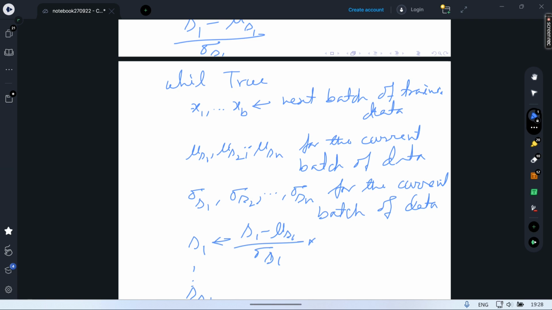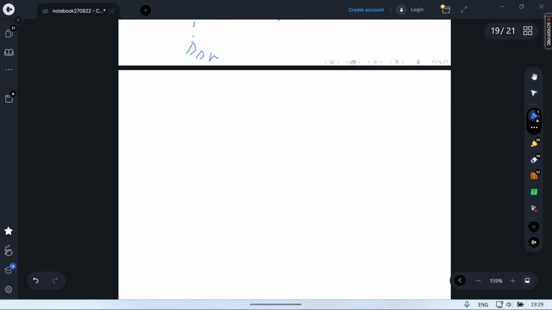Another advantage of using batch normalization is that it helps to tackle the vanishing and exploding gradient. How? Let me explain.